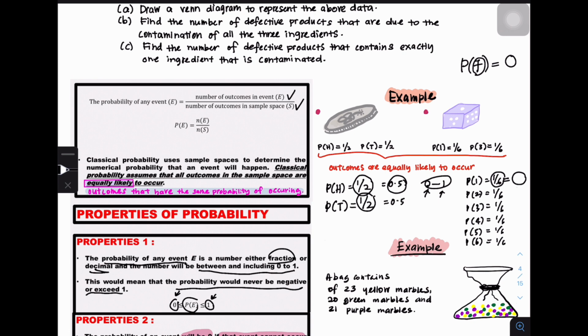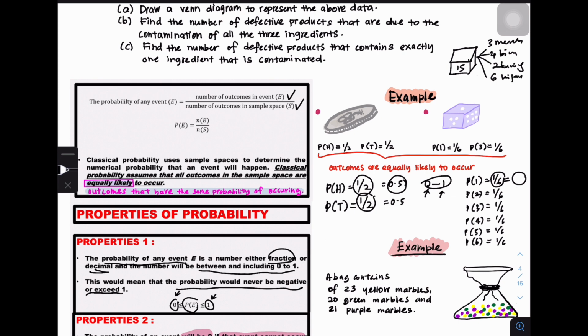Okay, contoh. Kalau saya tadi, saya cakap dalam kotak tu ada, dalam kotak tadi kita ada 15 biji bola. Okay, 3 warna merah, 4 warna biru, lepas tu 2 warna kuning, dan kita ada 6 warna hijau. Okay.